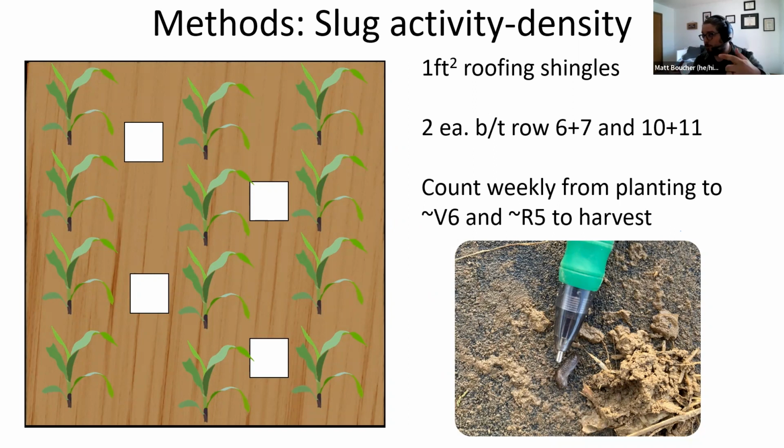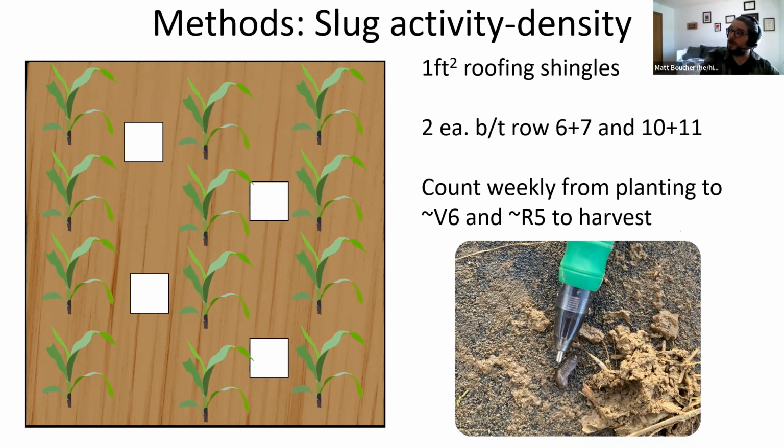So we have little 1 foot square white roofing shingles, and there are 4 per plot, placed between rows 6 and 7 and 10 and 11. Then we count the number of slugs from planting to roughly V6, and then again from R5 to harvest.